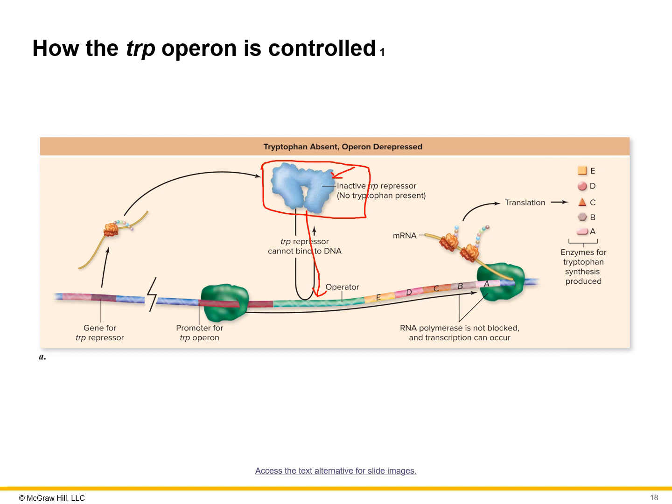But if there is tryptophan in the cell, the tryptophan is going to bind to this repressor protein, changing its shape, and it can then bind to the operator to prevent transcription and translation. But when there is no tryptophan in the cell, the repressor protein cannot bind to the DNA, and so the RNA polymerase is able to transcribe the genes necessary for tryptophan synthesis.